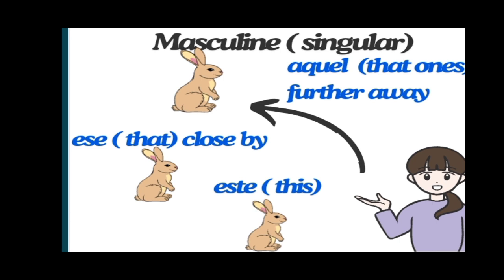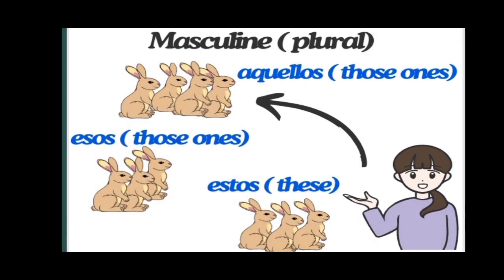This, that, and that one: este, ese, and aquel for singular masculine. And for masculine plural, we use estos, these, esos, those ones, aquellos, those ones. We use the plural form.